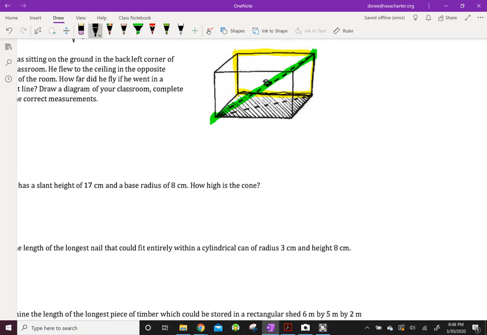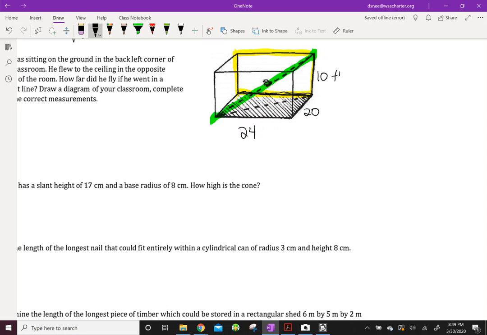Okay, the classroom is 22 feet wide, and it is 18 feet that way, 22 feet that way, 18 feet that way. I'm going to change that. I'm going to go 24 and 20 and 10.